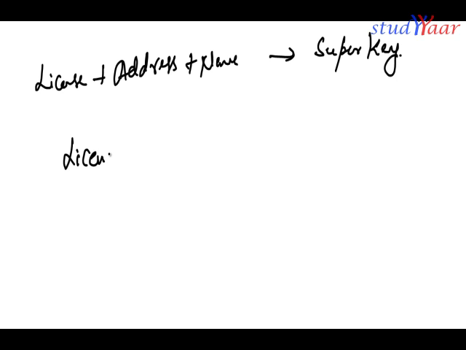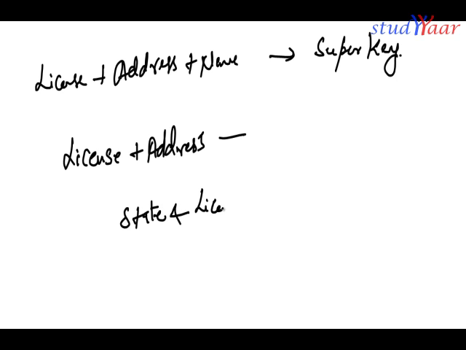Can I say license plus address is a super key? Yes. Because if we know the state and the license number, we can actually identify a person.